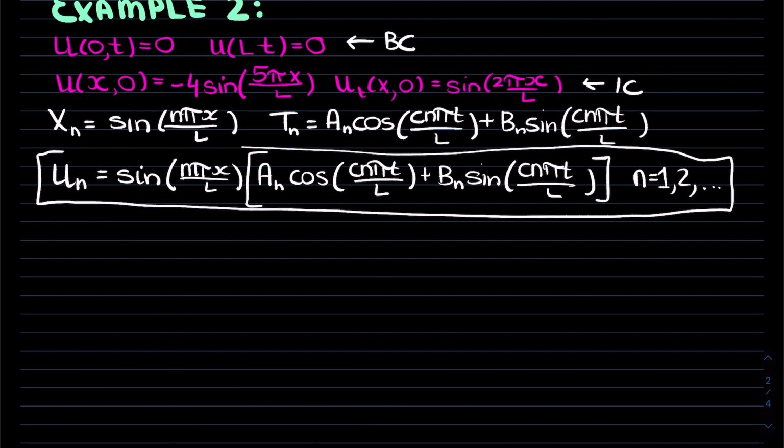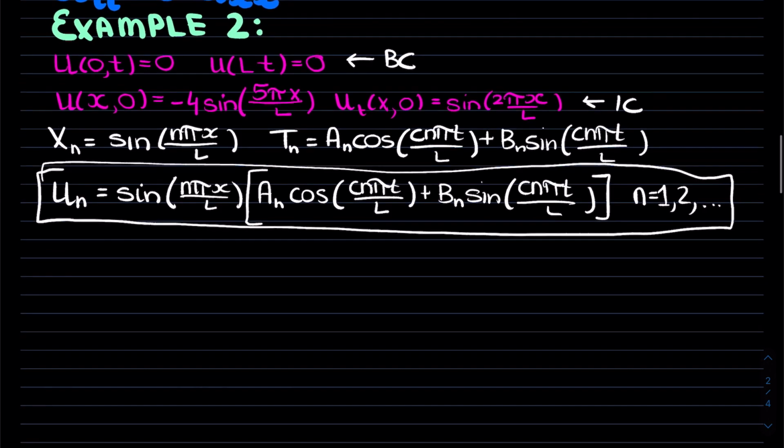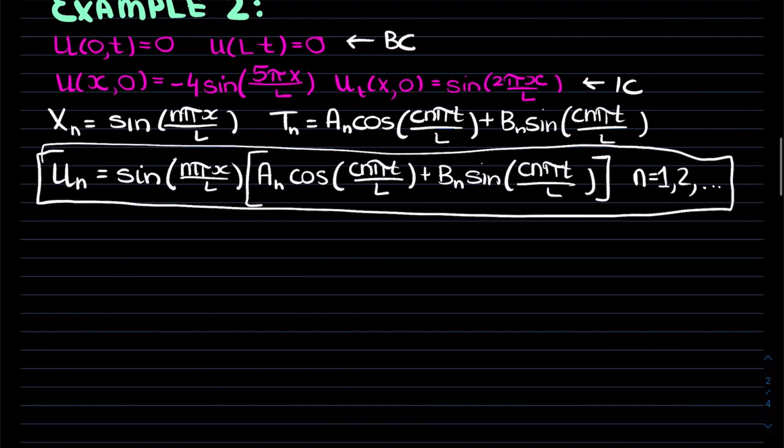What we want to do is this right here obeys our two boundary conditions, but it doesn't yet obey those two initial conditions that we've got. So step 1 would just be find u of n.